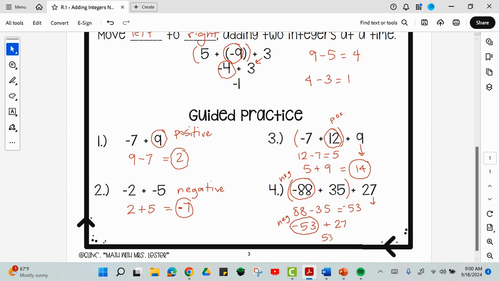So 53 minus 27. And that is going to give me 26. And again, it's going to be negative. So negative 26.